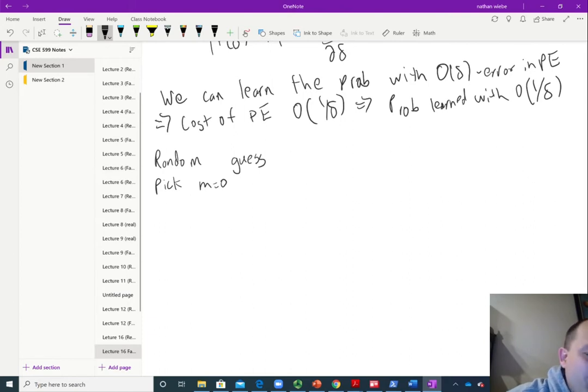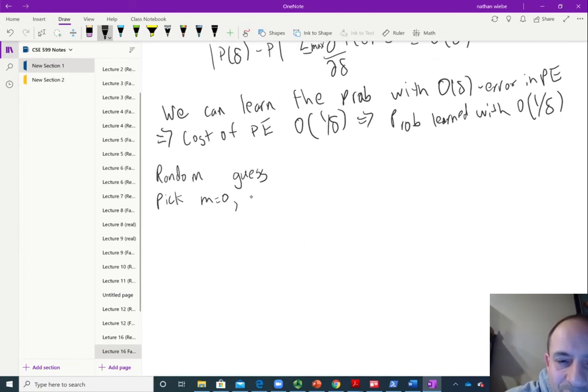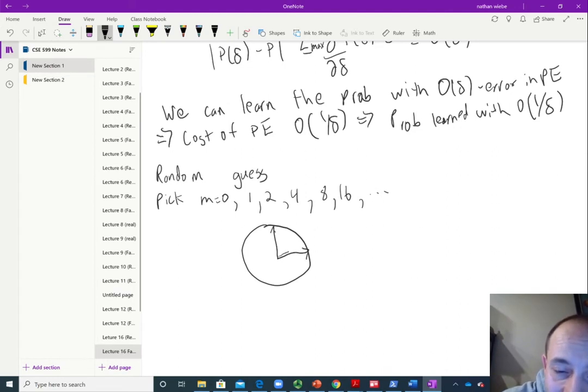Hey, if you try no work, if you try no iterations and you succeed the first time, great, awesome. But then what you would do is you would try 1, 2, 4, 8, 16, so on and so forth. The idea behind this is that if you begin in a two-dimensional vector space and we have a tiny little angle to begin with, we're going to start rotating slowly through.